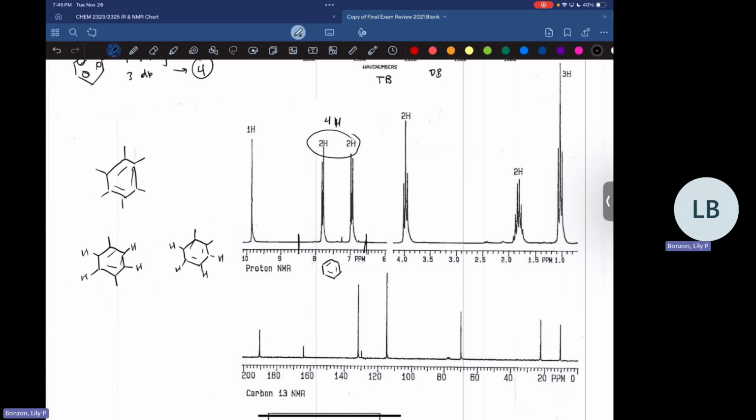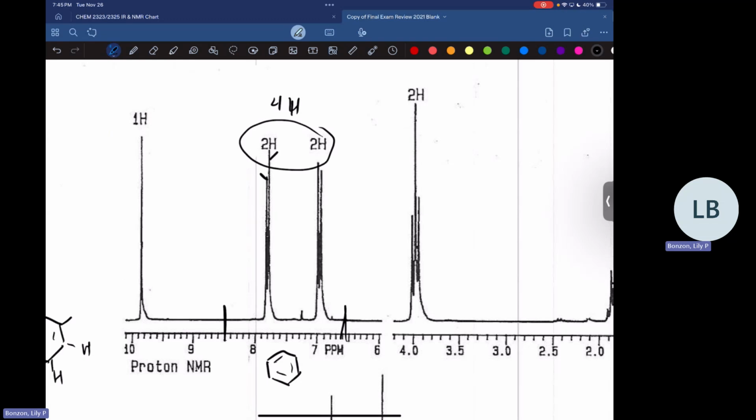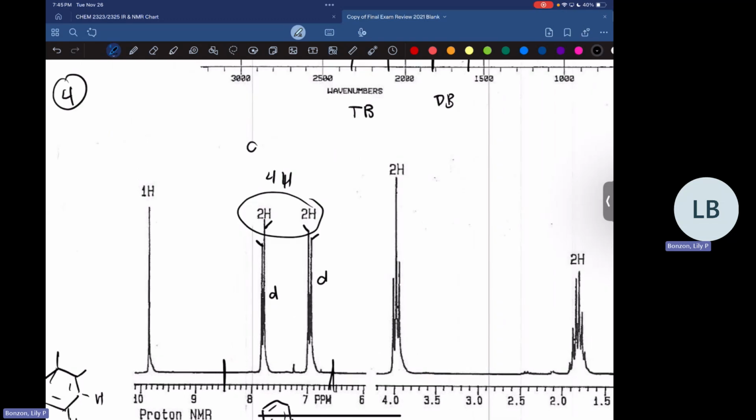And then the splitting pattern of the benzene peaks is going to tell us where our substituents will be. In this case, we have a doublet-doublet structure. So we have 2 hydrogens, that's a doublet. We have another peak that's 2 hydrogens and a doublet. Anytime you see this doublet-doublet pattern, we are going to have a pair of substitutions directly across from each other.